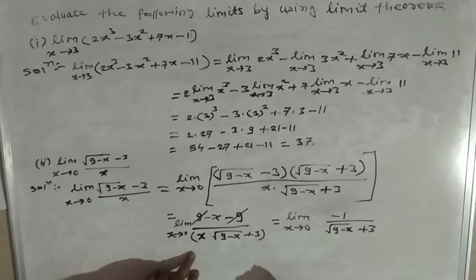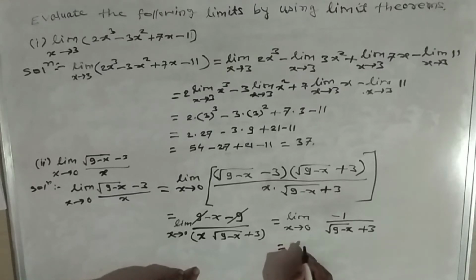So what you get? You get this is equal to minus 1 upon root 9 minus x plus 3 as x tends to 0, that is, in place of x we have 0.